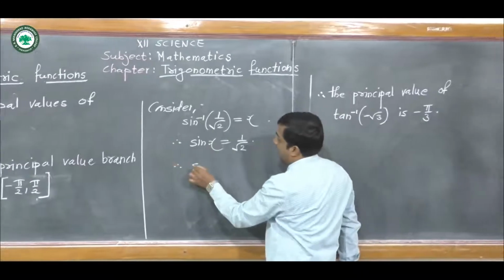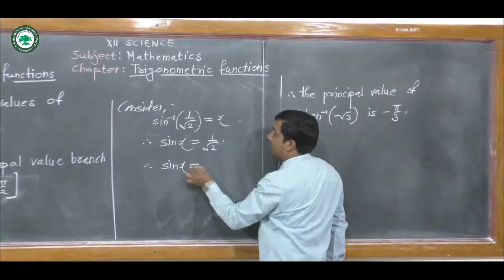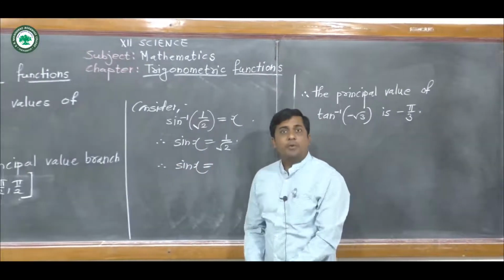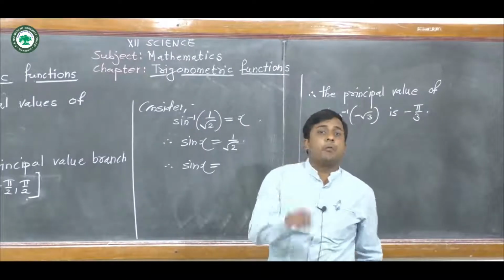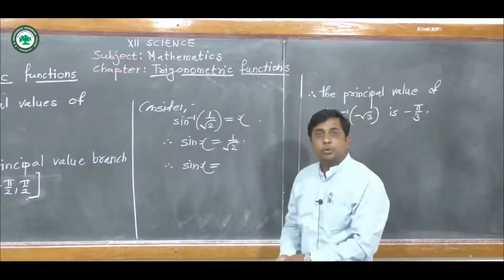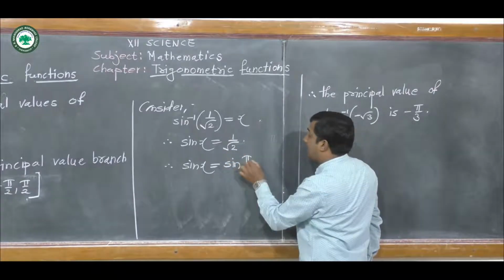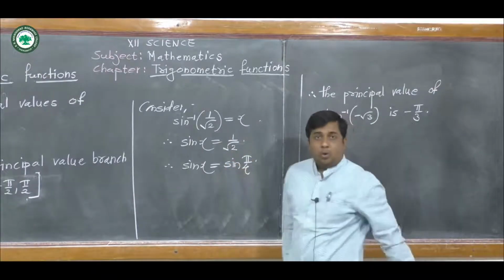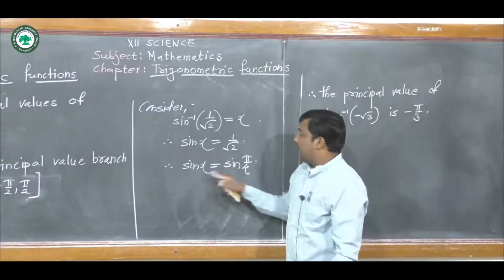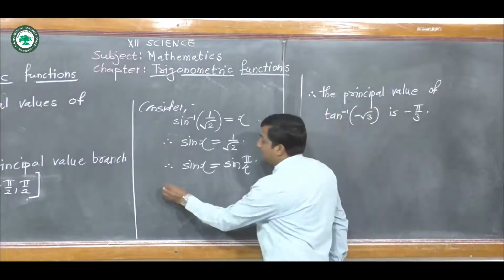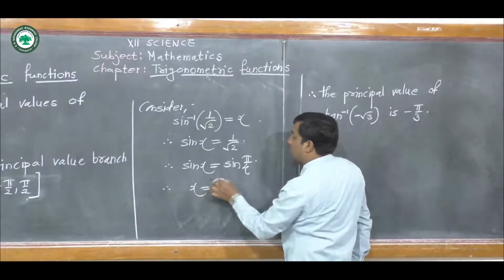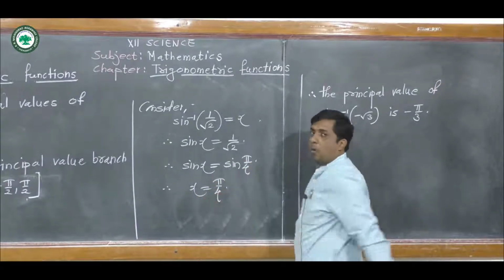Everyone knows sine pi by 4 is 1 upon root 2, so we replace this 1 upon root 2 by sine pi by 4. Now we compare both sides. After comparing, we get x is equal to pi by 4.